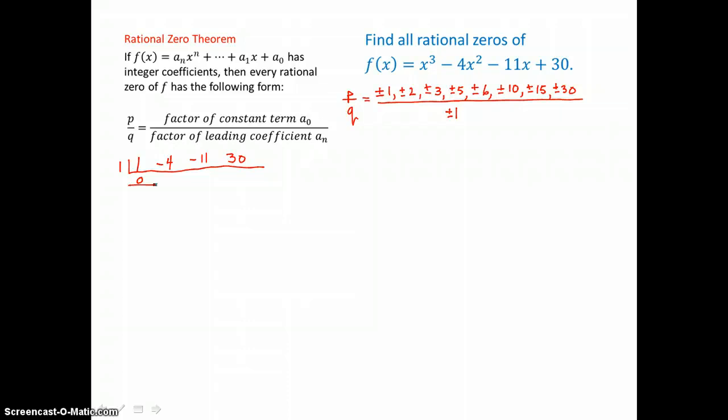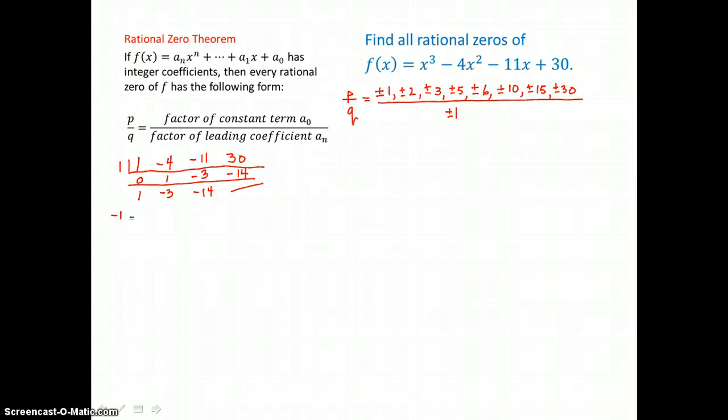So I'll put down a 0, and I'll add that first column and get 1. Multiply, 1 times 1 is 1. Add the second column, get negative 3. Multiply, 1 times negative 3 is negative 3. I'll add again, total of negative 14, and then multiply.